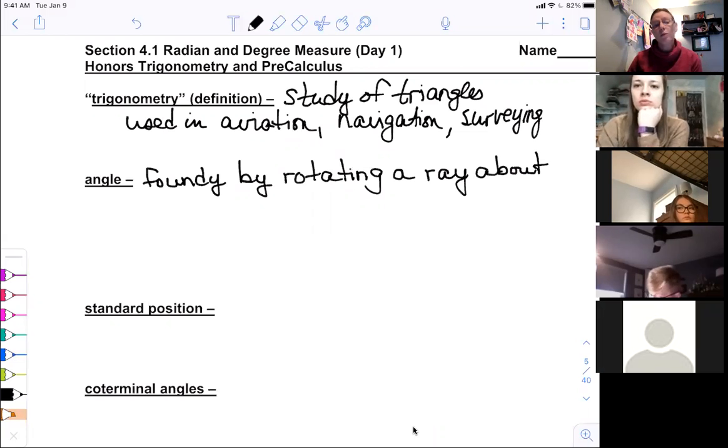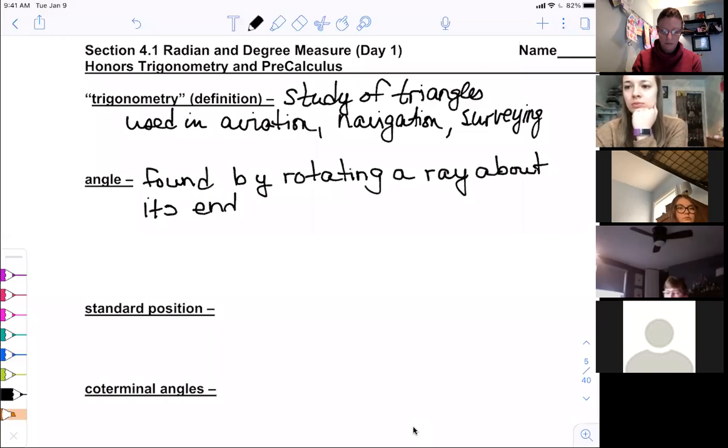An angle has movement. So in trig, an angle actually moves. It has a rotation, whereas in geometry, it is just a solid, non-moving figure. But in trig, an angle moves and it has a rotation.